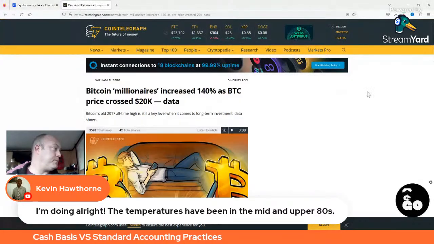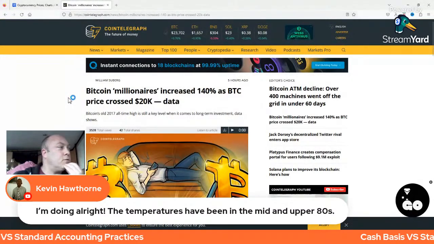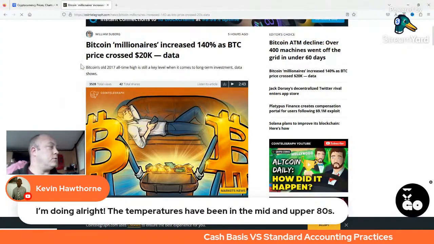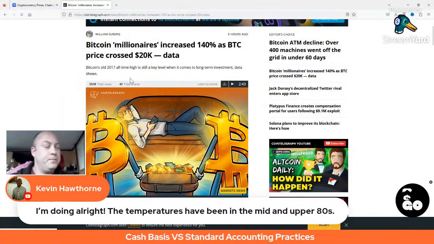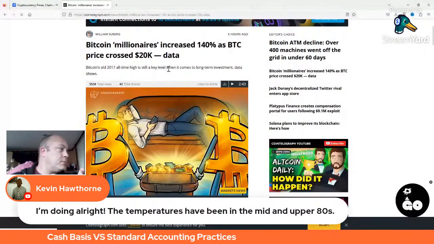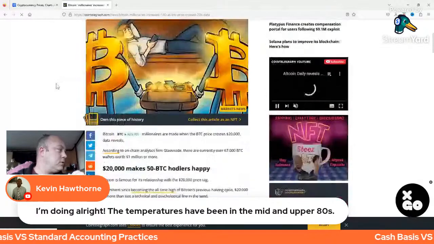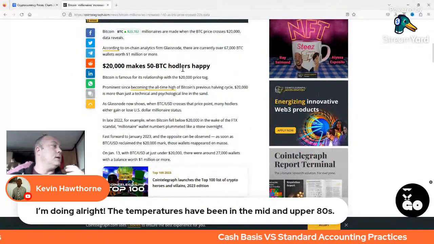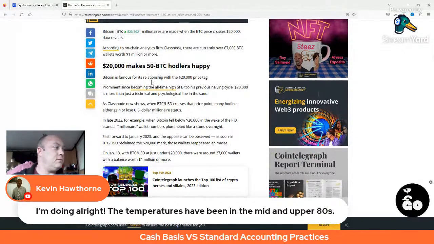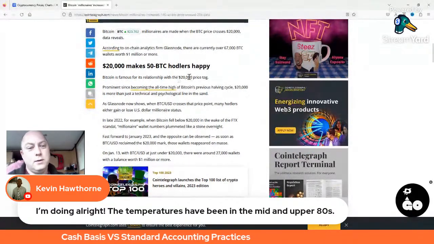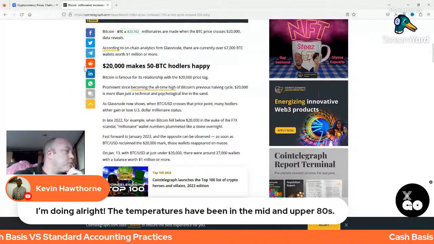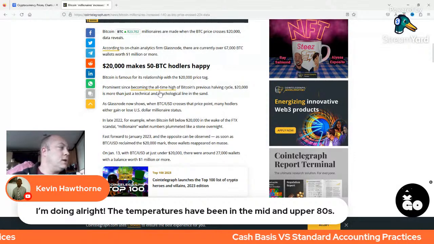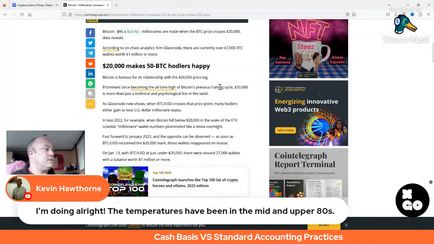That's an interesting one. Bitcoin millionaires increased 140% as Bitcoin price crossed $20,000. Bitcoin's old all-time high is still a key level when it comes to long-term investing. Data shows 20,000 makes 50 Bitcoin holders happy. Bitcoin's famous for its relationship with the 20,000 price tag. Becoming the all-time high of Bitcoin's previous halving cycle, 20,000 is more than just a technical and psychological line in the sand.